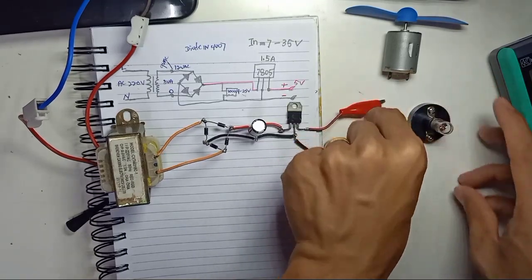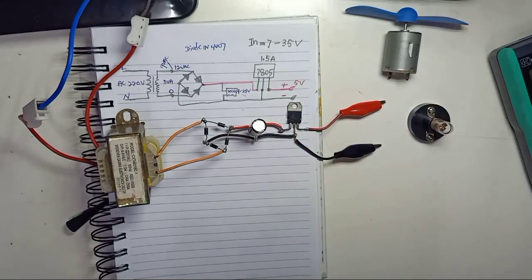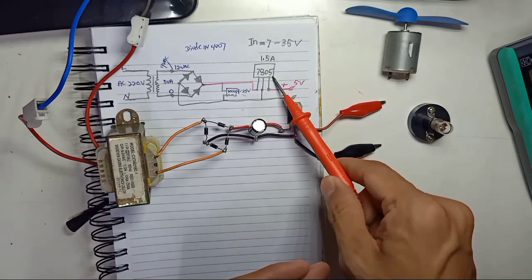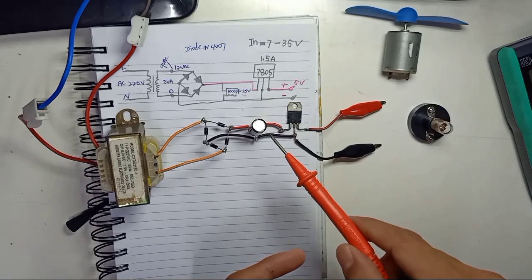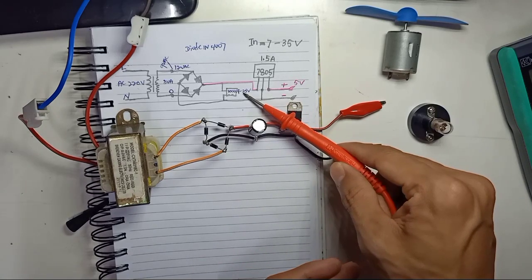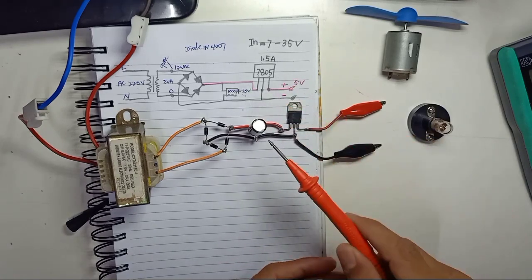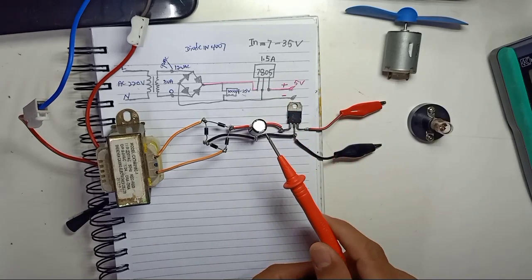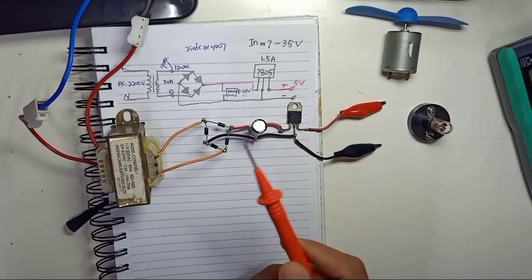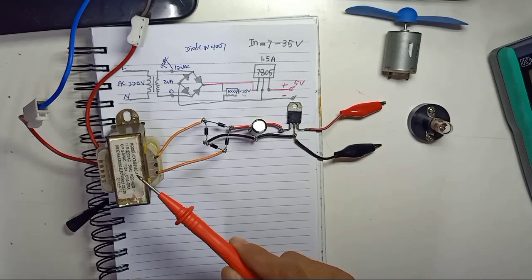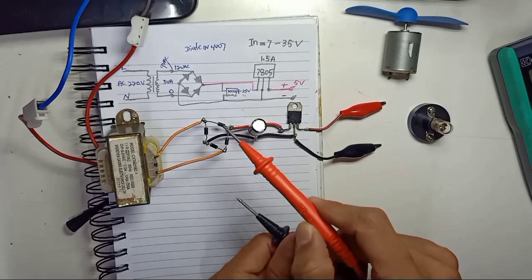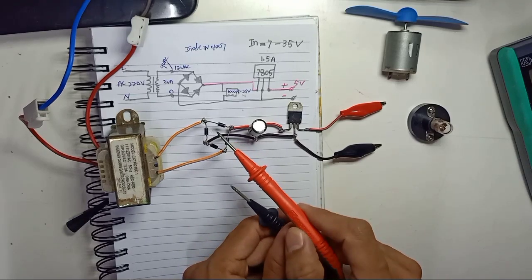So this is how to make an AC to DC power supply with a 7805, which is a 5 volt regulator, and the capacitor I'm using is 25 volt 1000 microfarad. Why I use 25 volt is because my transformer output is 9 volt AC, and when we test with a multimeter, the actual output will be 11 or 12 volt.